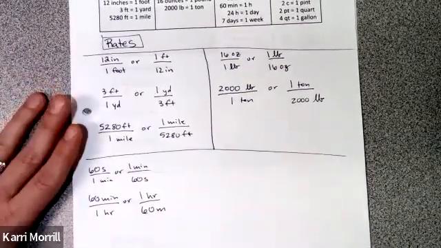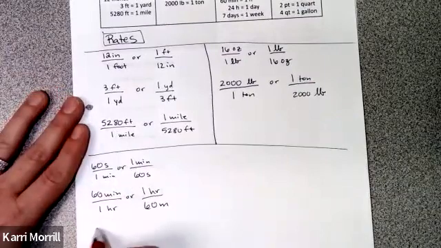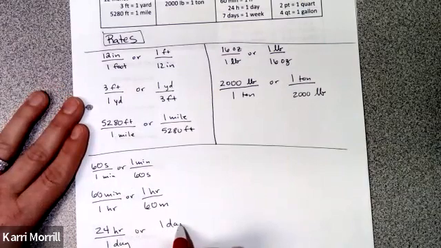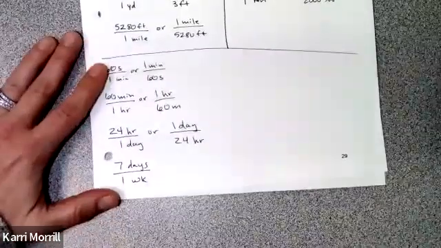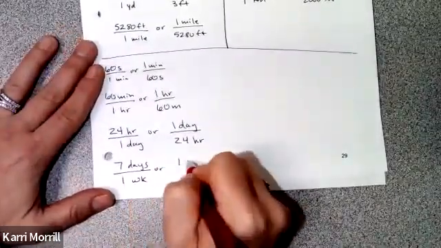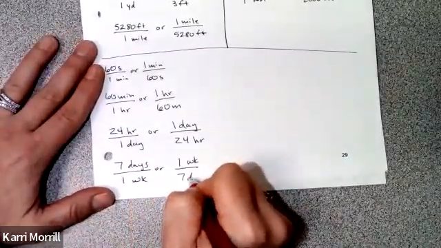Let's just do all of them. 24 hours in a day, or 1 day in 24 hours. And then the last one, we know there's 7 days in a week. I'm going to put WK for week. Or 1 week in 7 days.